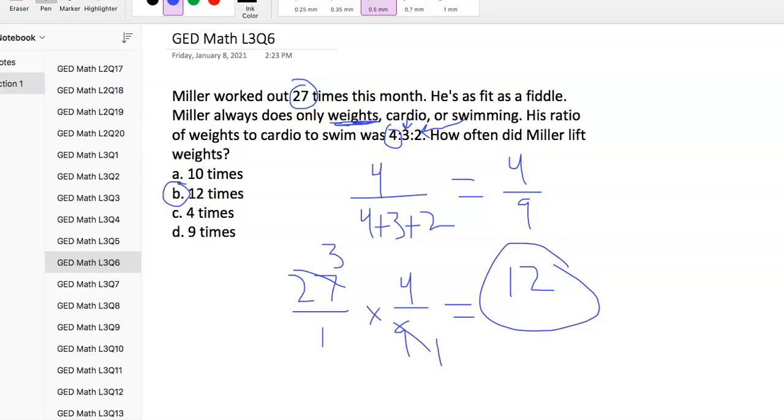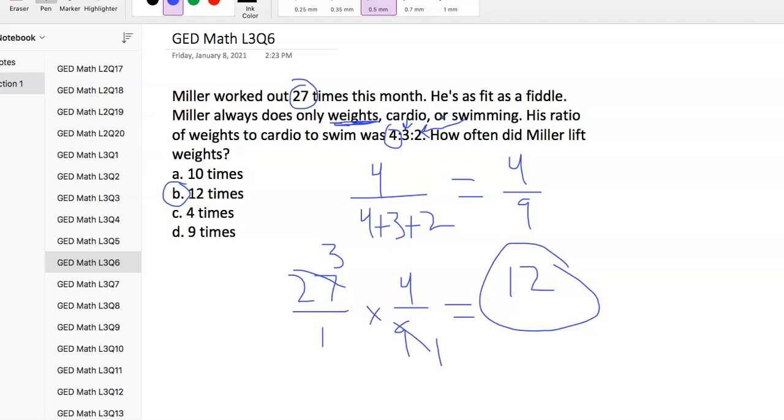Okay, so if you haven't done a problem like this before, or it's been a long time since you did something like this, it can be very confusing about how to go after this question, but that's what you're looking at. At first, you're looking at the ratio, understanding that 4 represents weights, 3 represents cardio, 2 represents swimming, right? And then you go and solve it from there.